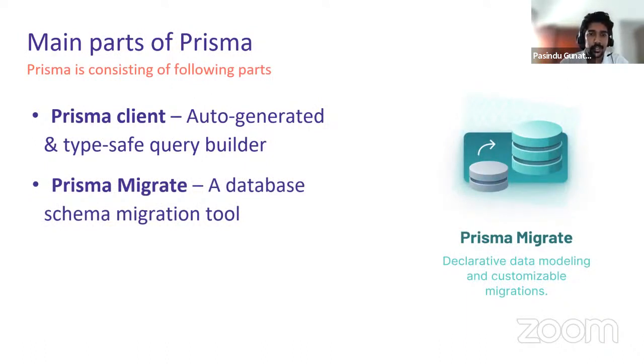So this is much like if you have worked with Django. Django is providing a migration tool as well, which is recognized as one of the top-notch migration tools. And Prisma Migrate also has a reverse part. That means you can actually introspect the database and convert the underlying models, the database entities, into your Prisma schema.